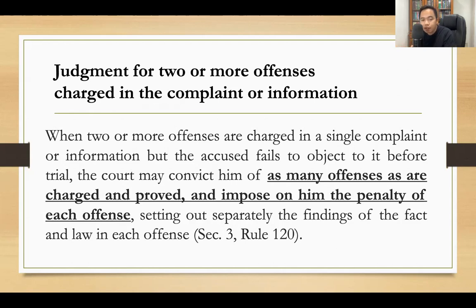So what happens in case two or more offenses were contained in an information? If the accused is convicted in a proceeding where the information contains two or more offenses, then the court may convict him of as many offenses as are charged and proved and impose on him the penalty on each offense.